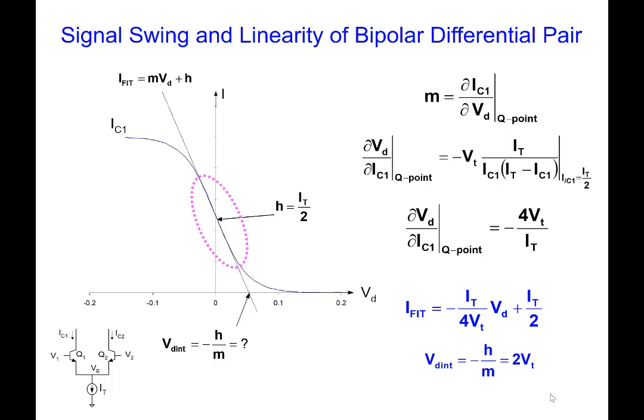Garrett, you remember what it was? Was it root 2 VEB? Root 2 VEB was this intercept. You're right. So what can the designer do about that? Control VEB. Designers are control freaks, right? They want to control the characteristics. They can control it by changing VEB.